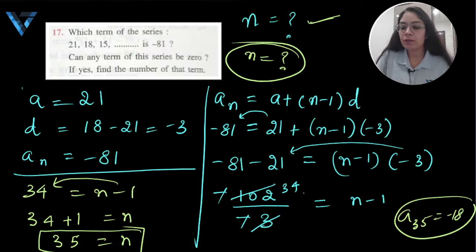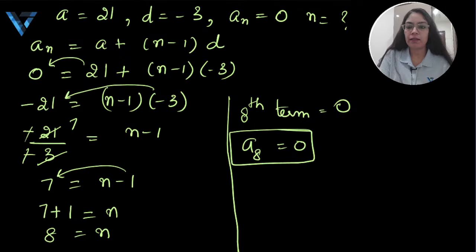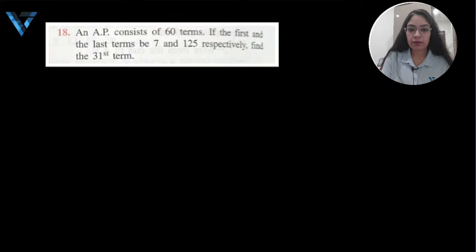And again in this question it was asked, can any term of the sequence be 0? If any term is 0, we just have to find the number of that term. So ultimately again we had to find n only, when an is equal to 0. Let's do the next question.